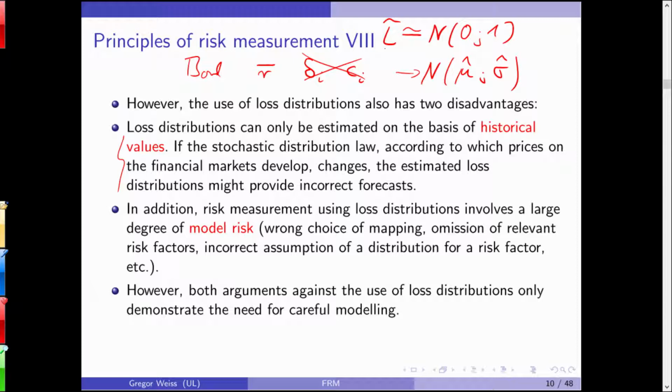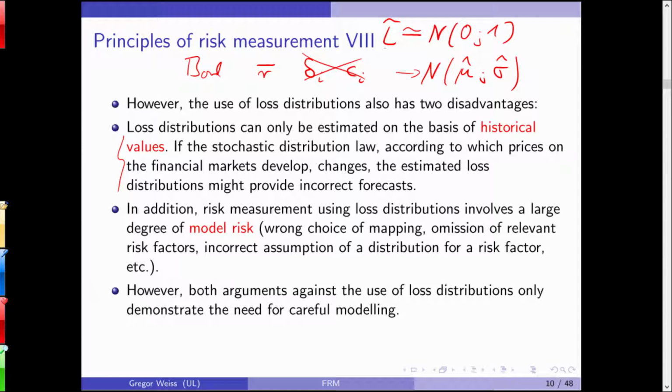In that case, we might have the correct model when it comes to the distribution, and the estimation is okay, and we use the correct data, but our initial model, that is the risk mapping, is already wrong, and we get incorrect risk measures. So wrong choice of mapping, omitting relevant risk factors, wrong estimation, data errors, and so on.